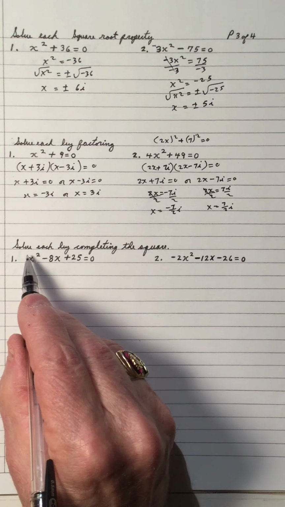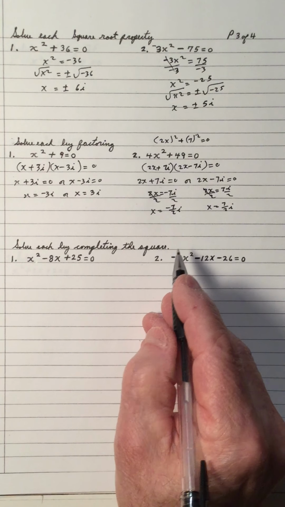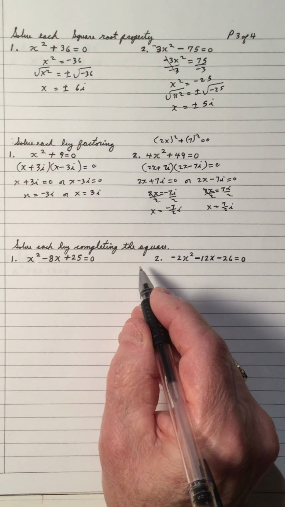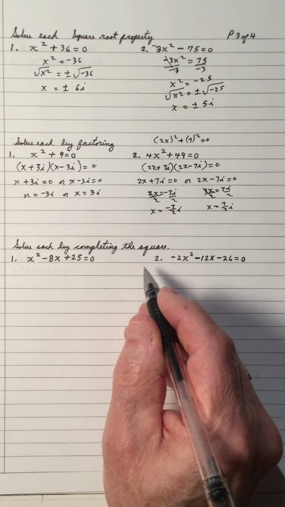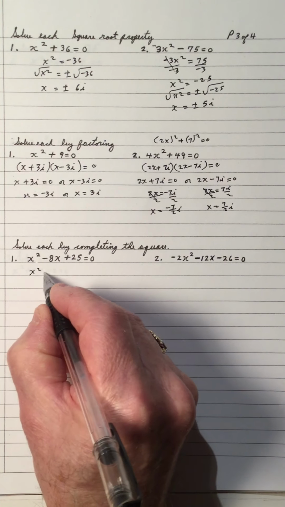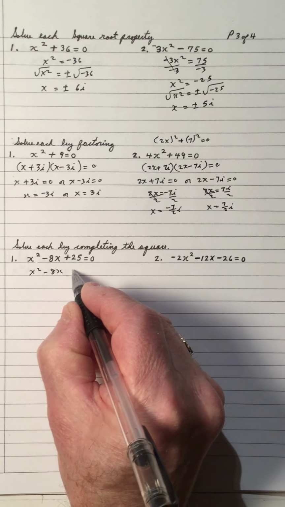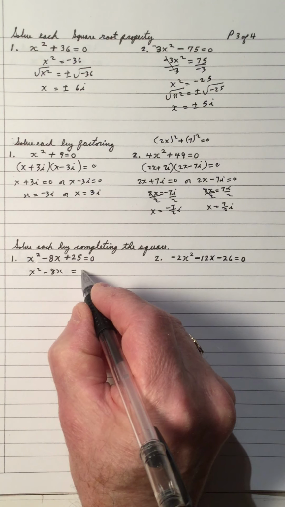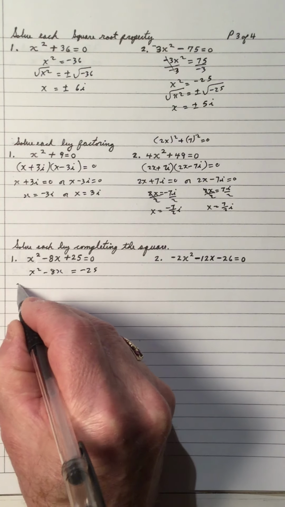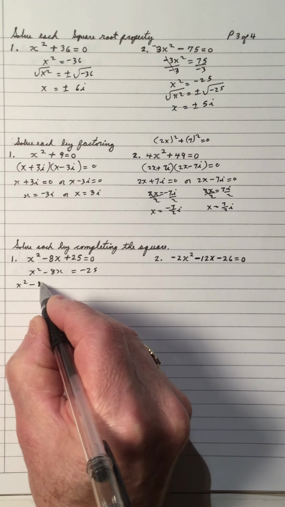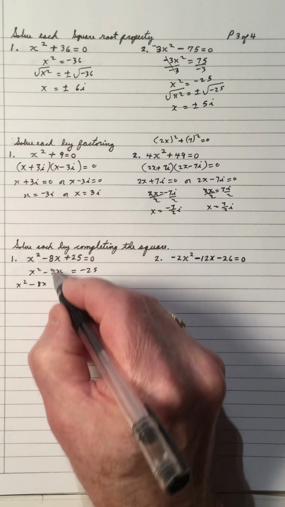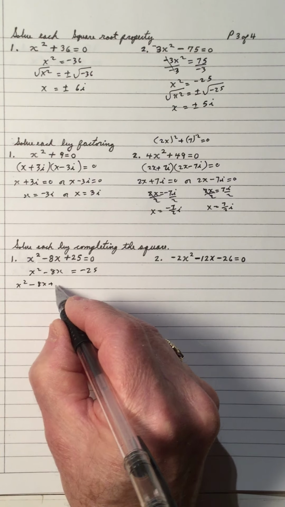And another one, solve each by completing the square. Completing the square means we have the x squared minus 8x, and the 25 moves to the right side to become negative. And when we complete the square, remember the pattern, what number do we put on here?